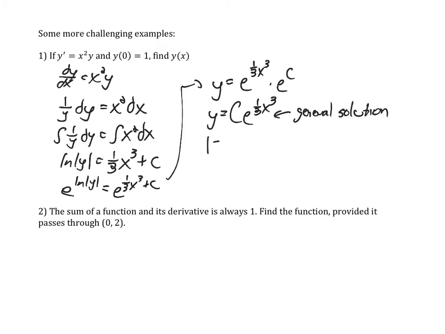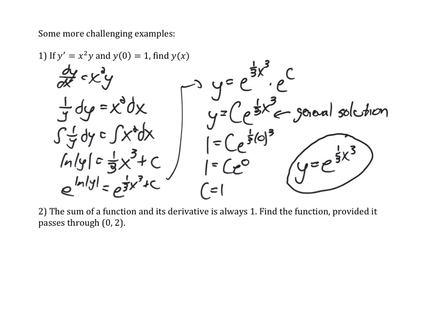So I have 1 equals c times e to the 1/3 times 0 cubed. 1 equals, what is that? c times e to the 0. e to the 0 is 1. So c equals 1. So my answer here, my specific solution, is y equals e to the 1/3 x cubed, okay?